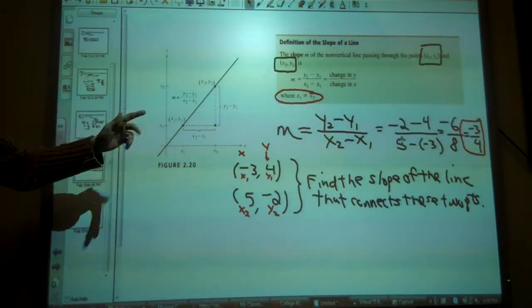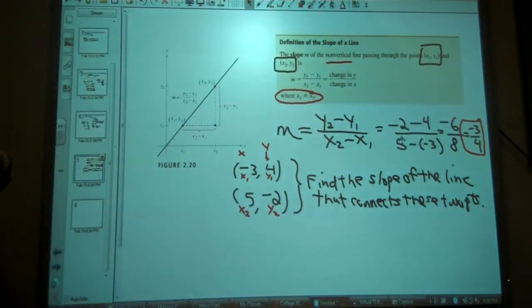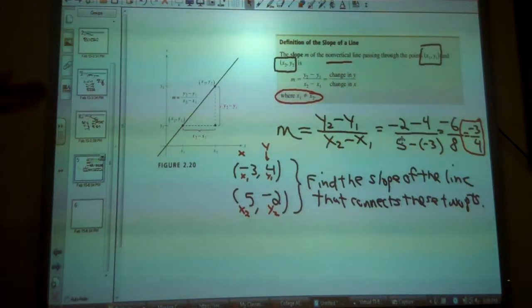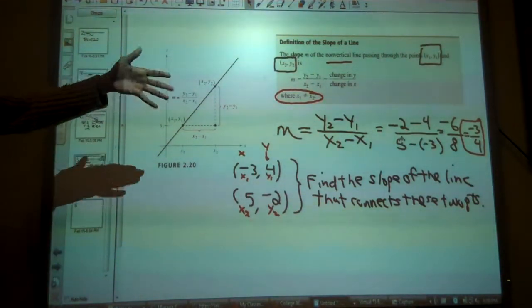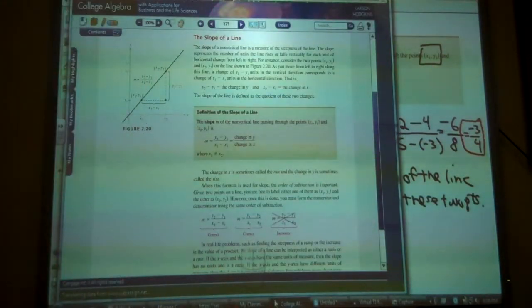But these lines are called non-vertical, meaning that they're not a vertical line. Vertical is up and down. Any line that's not vertical, we can use this formula for. But when we have a vertical line, we're going to see that the slope needs to be something else. Question? Okay, good.